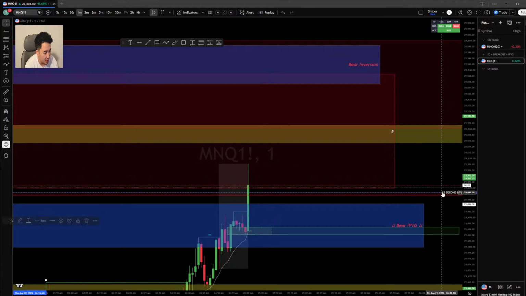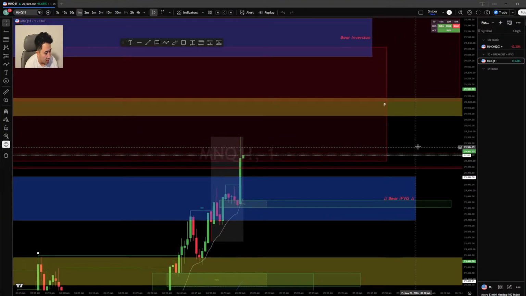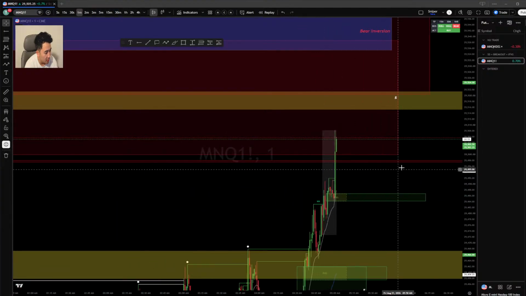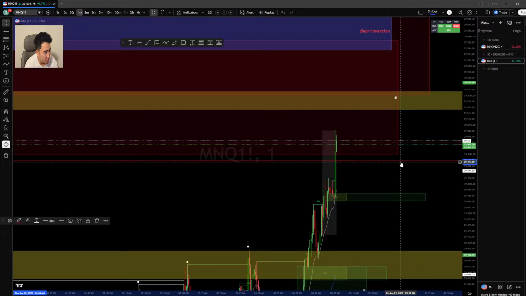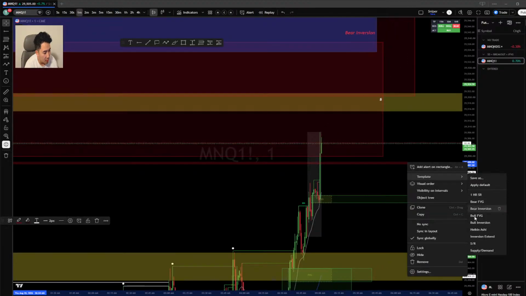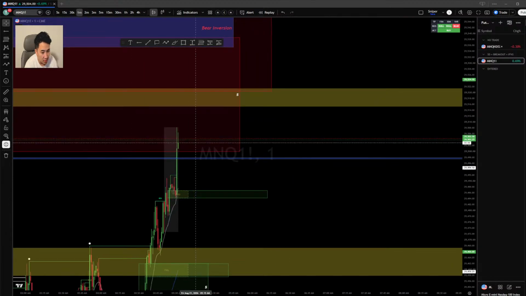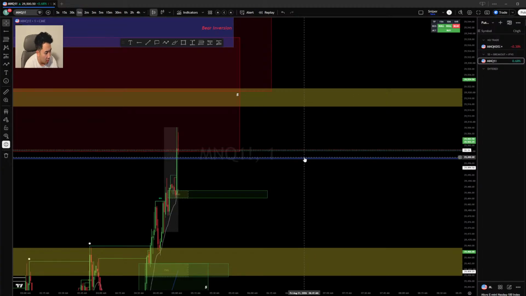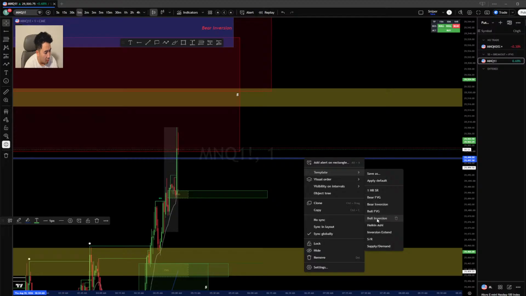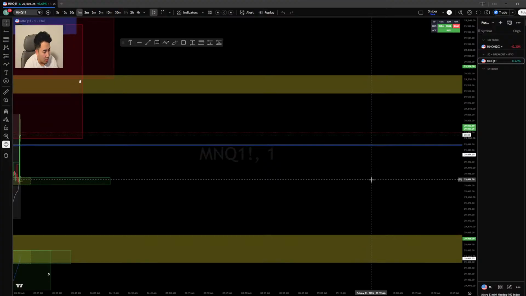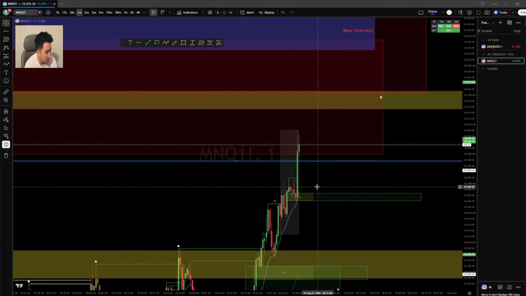All right, 15 seconds broken. This bearish inversion is broken. This guy becomes bullish inversion. Right there. I think TradeVate is glitching today.